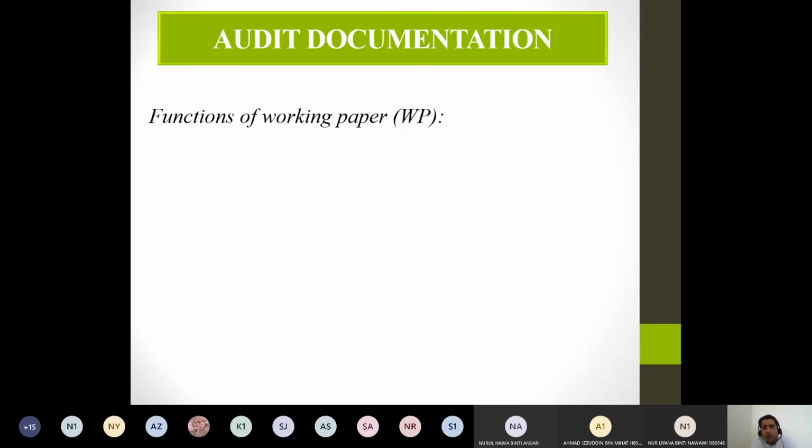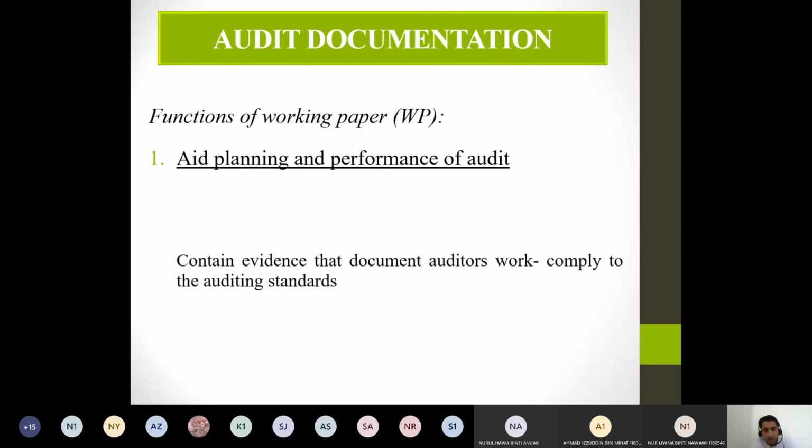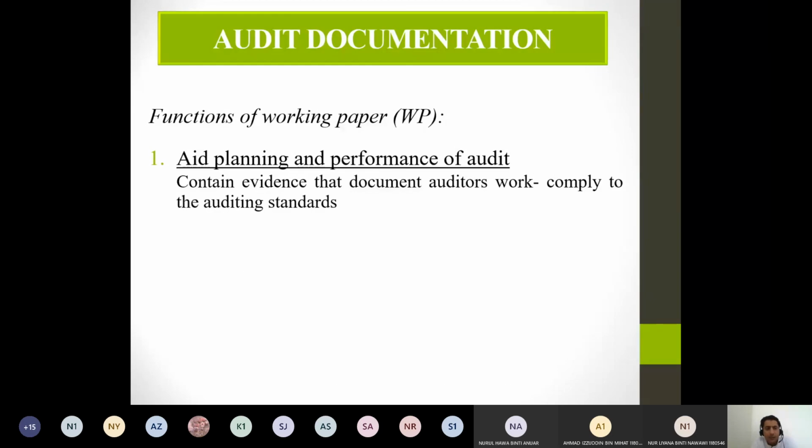Why do we collect audit documentation? What is the purpose of having it? It helps the planning and performance of the audit. It contains evidence that documents the auditor's work complied with the auditing standards.